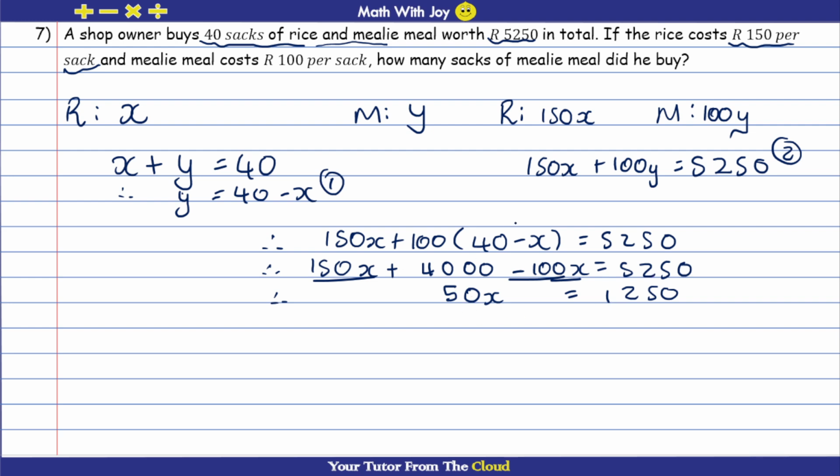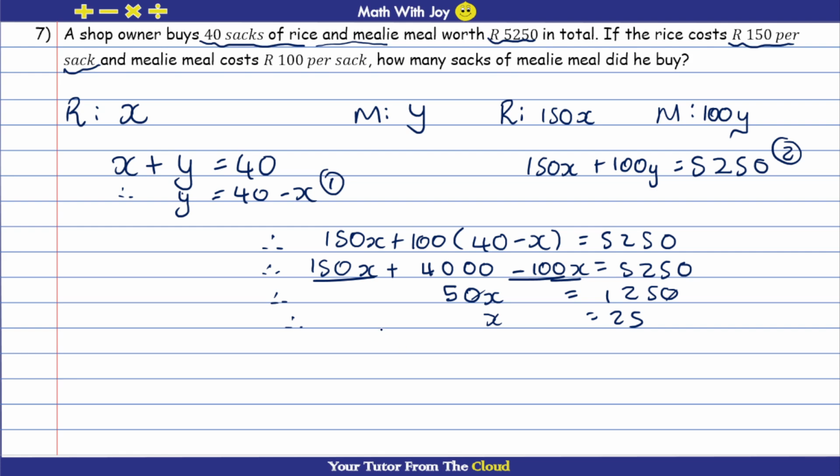Then we have to divide by 50 on both sides. So X is going to be 1250 over 50. Should give us 25, but let's see. So 1250 divided by 50 is 25.